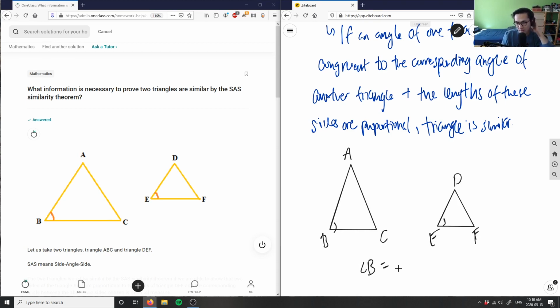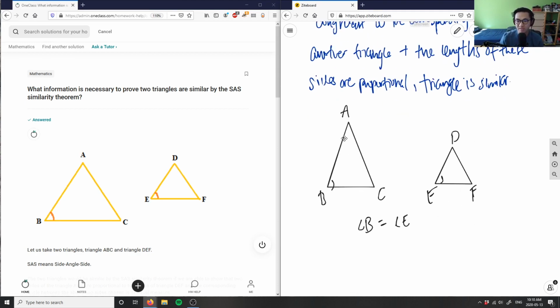If angle B equals angle E, and if the two sides here, AB and DE, are proportional, so if I can say that AB over BC equals DE over EF, or you can flip this and the reciprocal will be true, then these two triangles are similar, right?